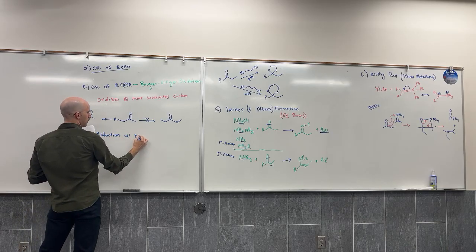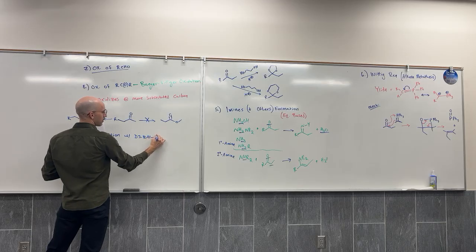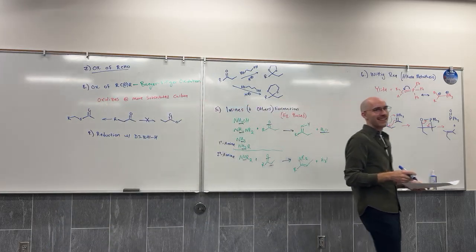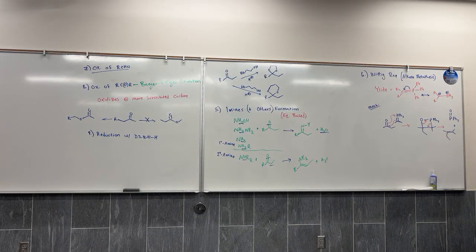Reduction with DIBAL. Well, what the heck? Didn't we just have this on the last side? How come I didn't put this one on the front side of this sheet?